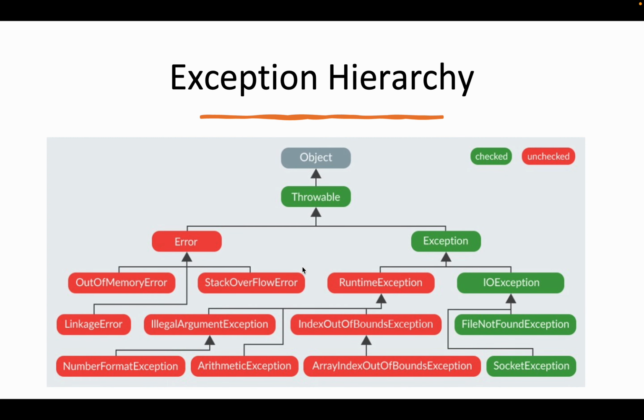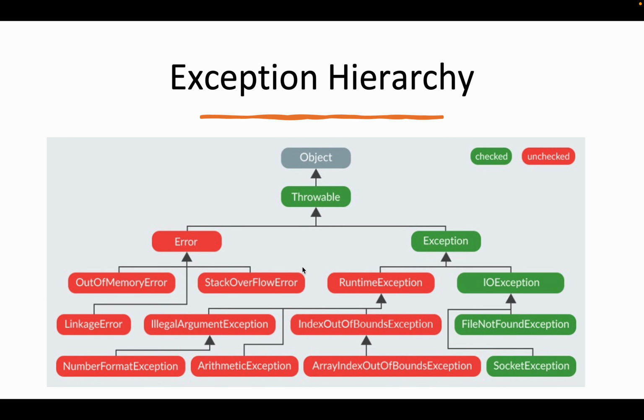So, the exception hierarchy. We see that at the top of the hierarchy we have Object, then we have Throwable, which is below it. Then under Throwable we have Exception and Error. And then under Exception we have RuntimeException, we have IOException, and then all those sub exceptions that we see.